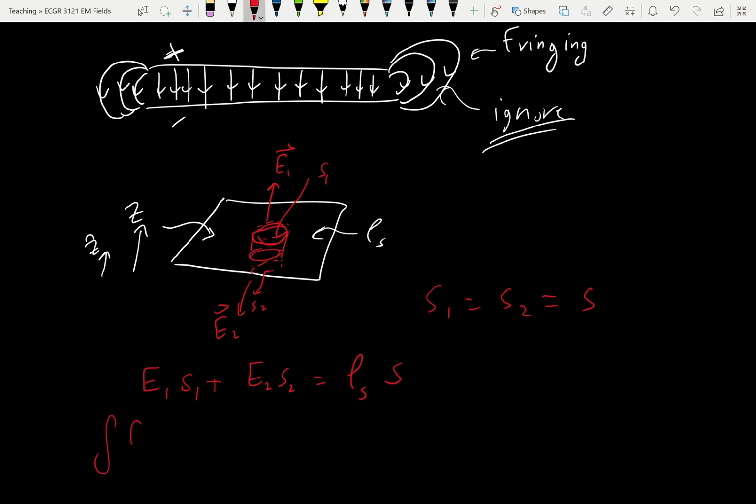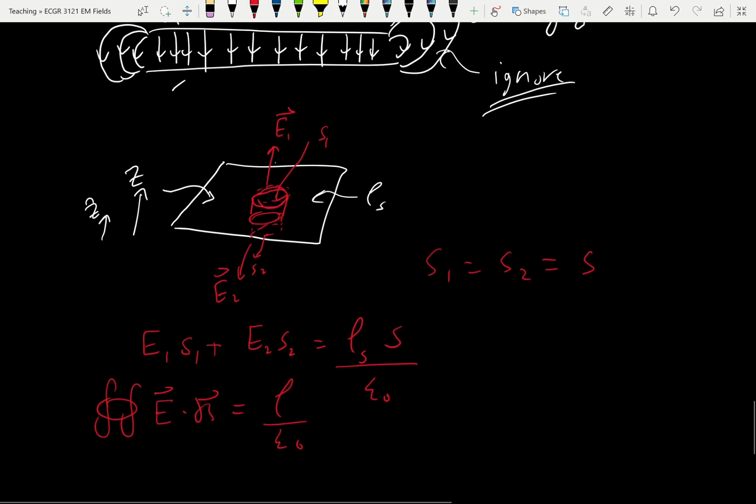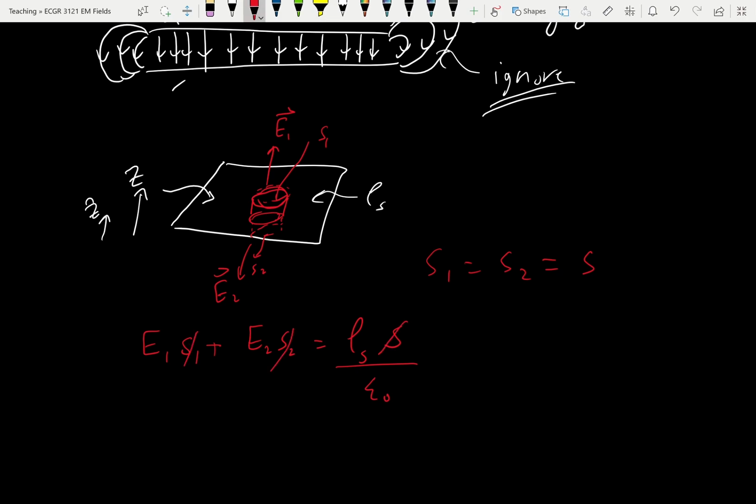It says that the closed surface integral of E dot dS equals rho over epsilon naught. So there's an epsilon naught here. Okay, so let me erase this. I'm just stating Gauss's law here, right? So S cancels with S, and then from symmetry, E1 and E2 should be equal.